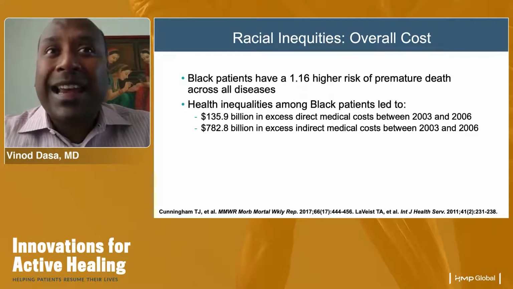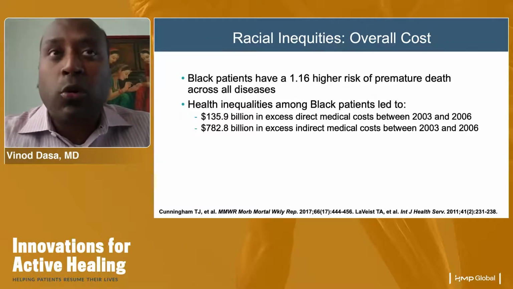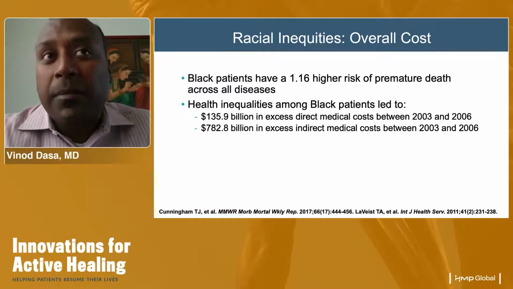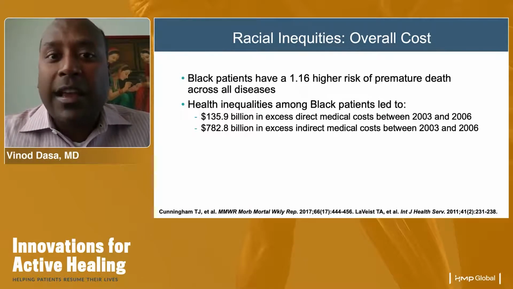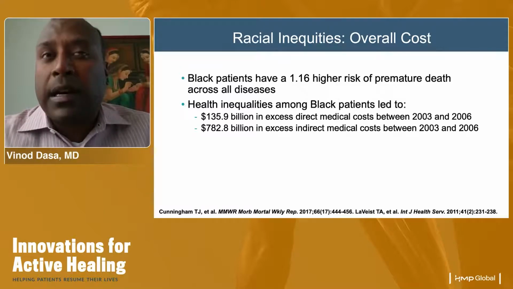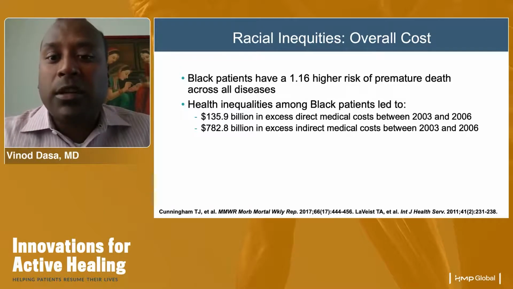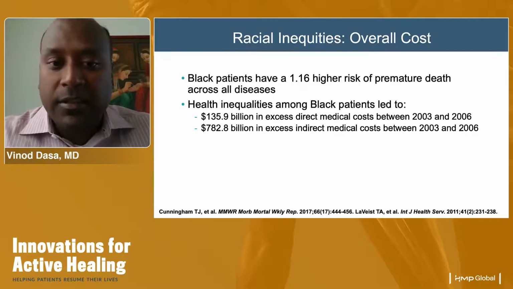So there's an economic imperative, not just a moral or ethical imperative, to really fix what's been going on for centuries. Now that reimbursements are going down and value-based care is here, we're talking more about population health and managing communities. So we have to fix this from an economic perspective as well.